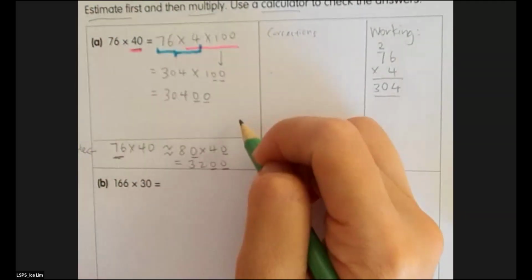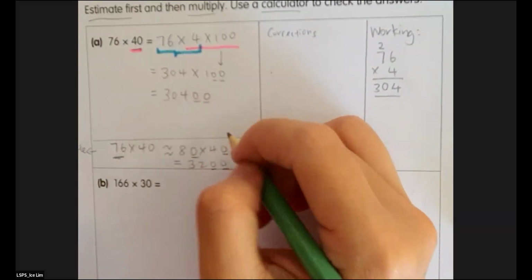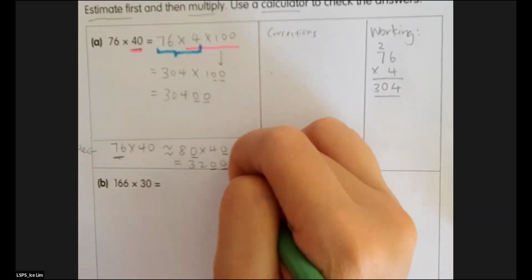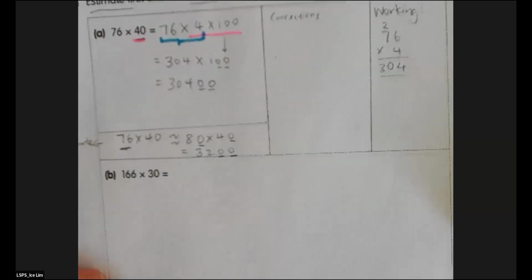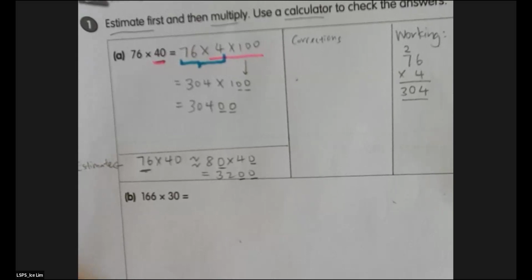So my answer is... did I make a mistake somewhere? Oh yes, I did. I made a mistake. Gosh. I made a very serious mistake. I only discovered it when I was doing estimation.